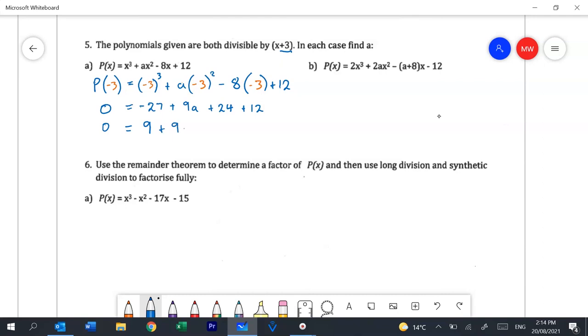And 9a. Balance method. Just take 9 from both sides. Divide by 9 both sides. And we'll find that a is minus 1.